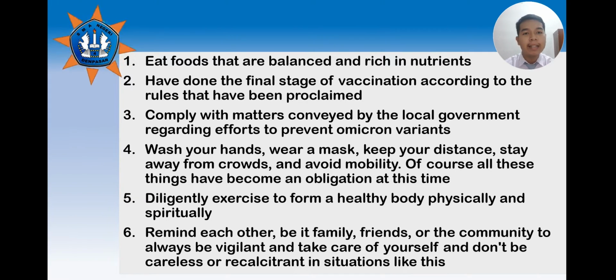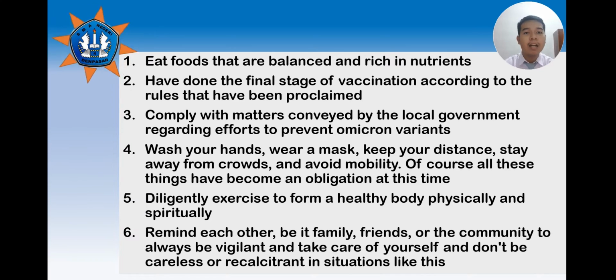Next is to exercise diligently. I think exercise is very important in this situation to form a healthy body, physically and spiritually. And last but not least, remind each other, be it family, friends, or the community, to always be vigilant and take care of yourself.